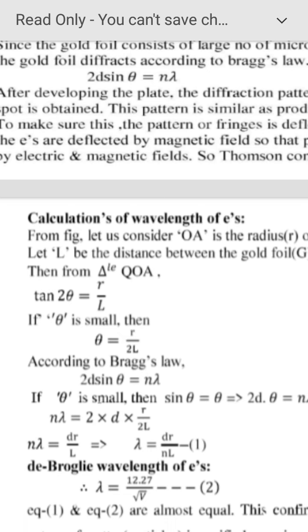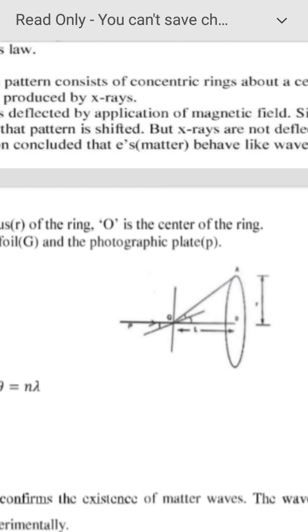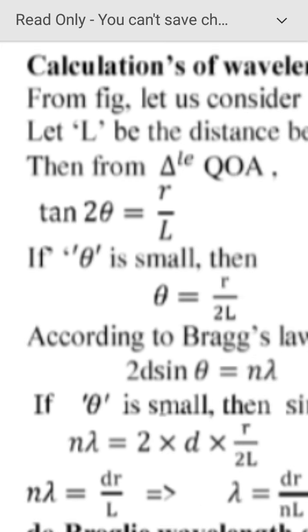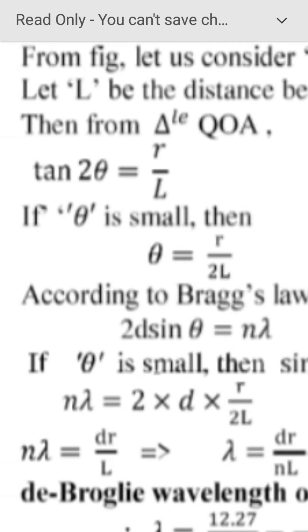Next, LB is the distance L between the gold foil G and the photographic plate P. So from the triangle QOA, tan 2 theta is equal to R by L. As theta is small, we can write theta is equal to R by 2L.